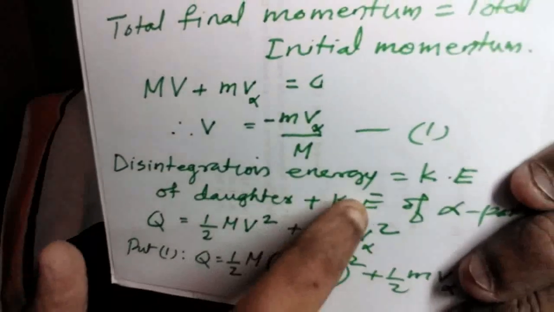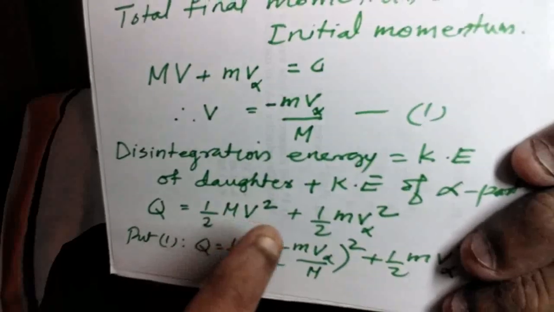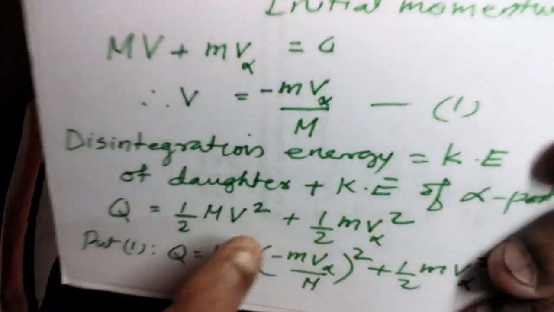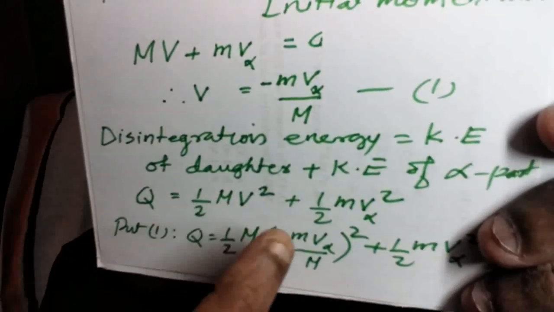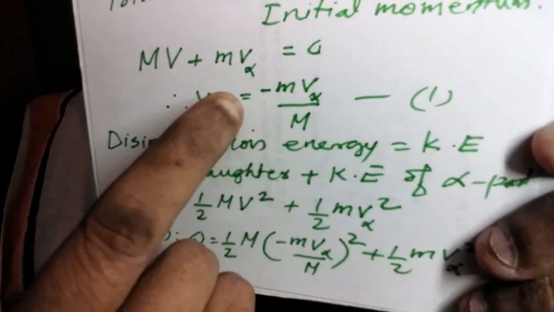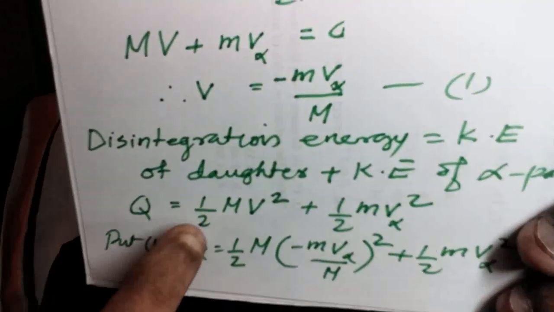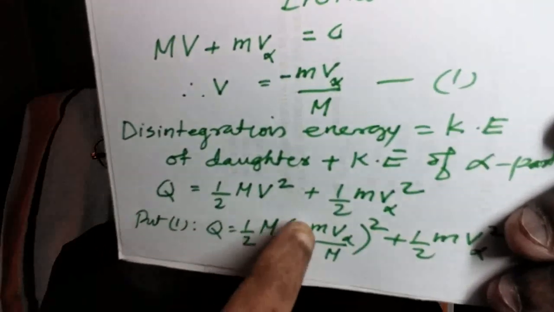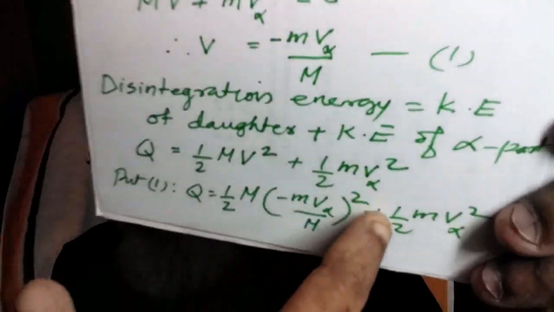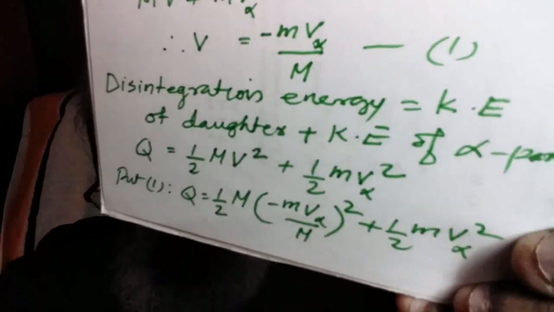Then the disintegration energy Q equals kinetic energy of the daughter plus kinetic energy of the alpha. That is half M V square plus half m V alpha square. Just substitute for V from this equation. You get Q equals half M into minus m V alpha by M the whole square plus half m V alpha square.